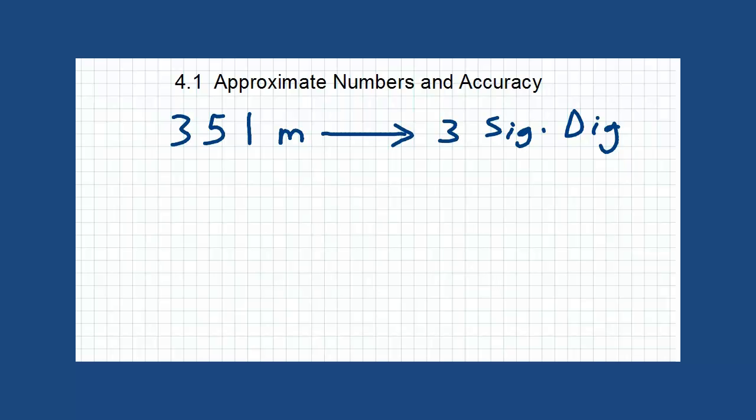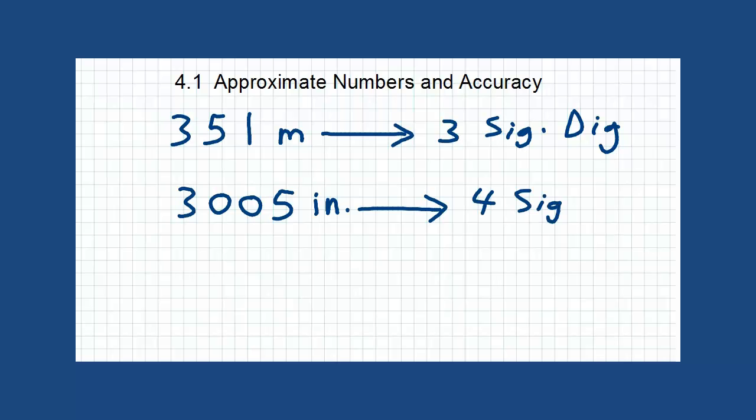Also, all zeros between significant digits are significant. For example, if we have a measurement like this one, we can see that we have 2 zeros between 2 non-zero numbers. So these 2 zeros are also significant. So we can say that we have 4 significant digits in this measurement.